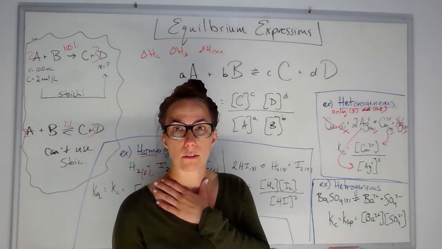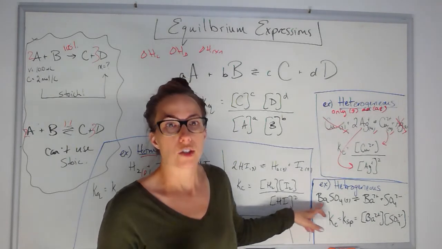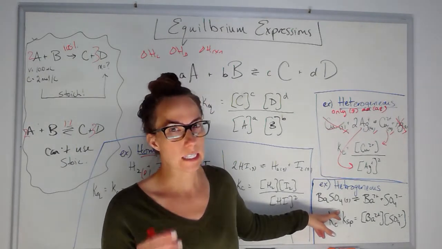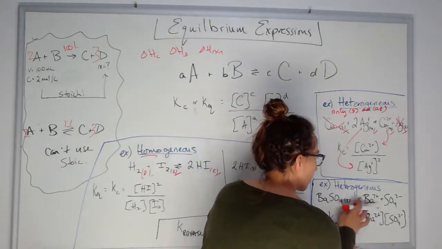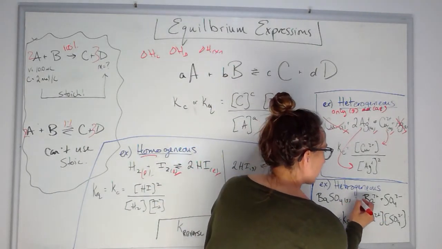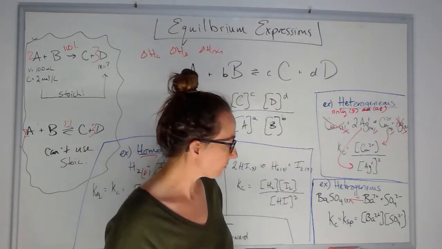Let's do one more heterogeneous. So here I have a solution. Barium sulfate is only very slightly soluble. So a tiny bit will dissolve. In fact, why don't we put some weird arrows in here? A tiny bit dissolves, but most of it stays as its solid.